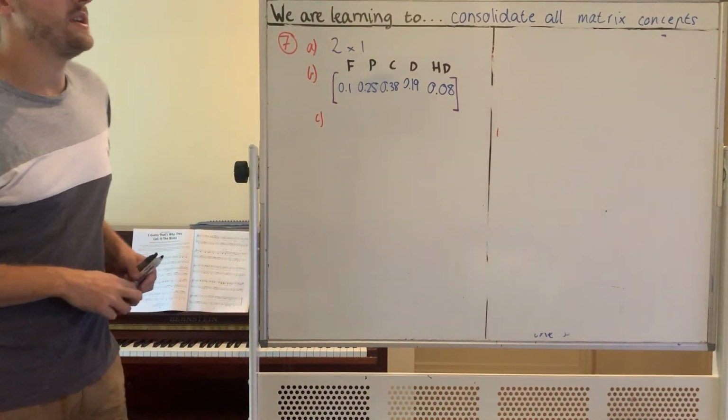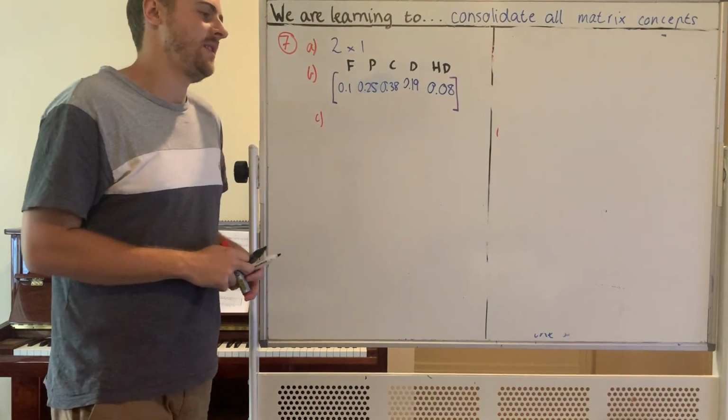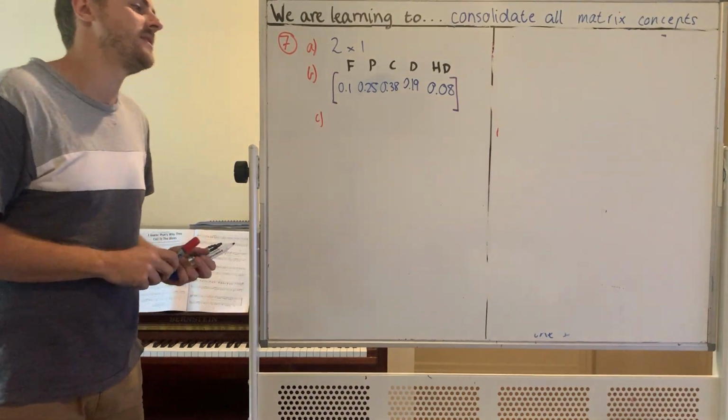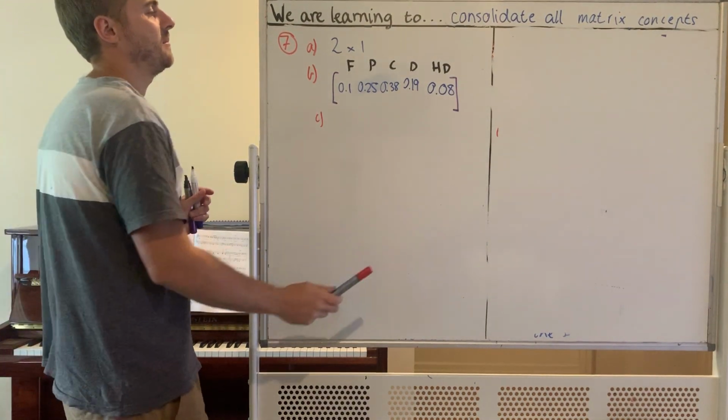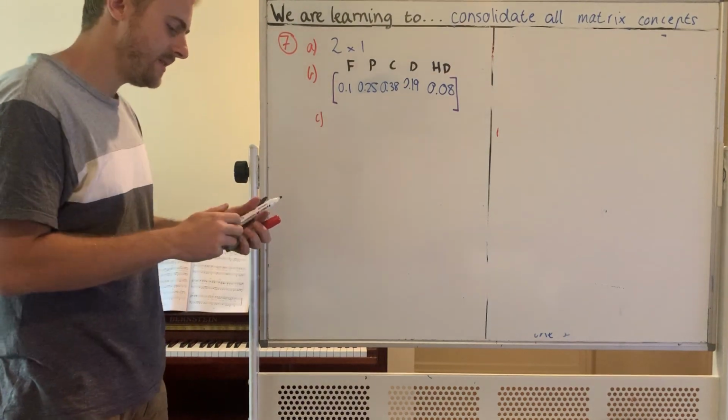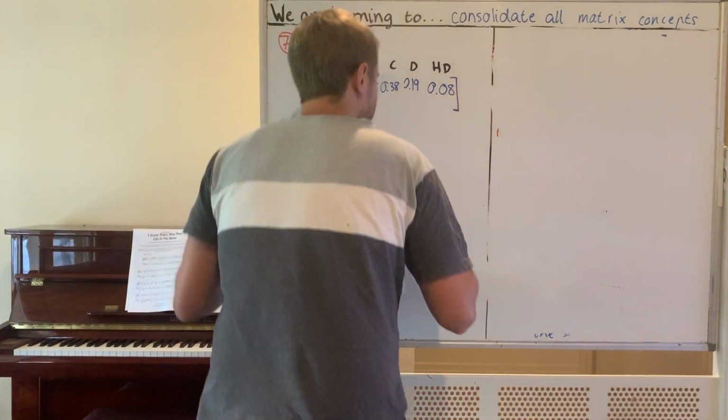Alright, question C. Evaluate the product matrix A equals NG. Write your answer to the nearest whole number. So NG meaning matrix N by matrix G, which will look like this.